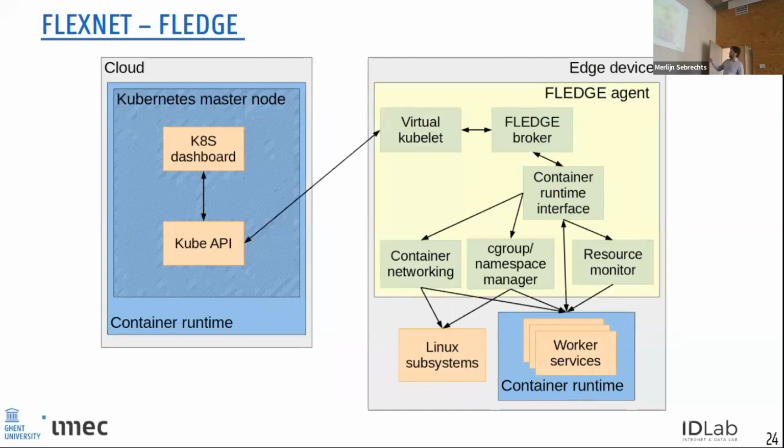So a bit more into the components of Fledge itself. This is mostly based on the virtual kubelet technology developed first by Intel, which was really basic when we first started to use it. Now it's grown a lot more capable, and it can handle actually all of Kubernetes functionality.